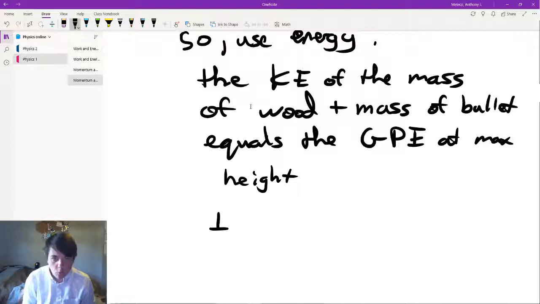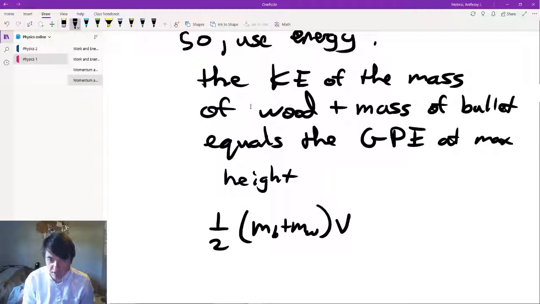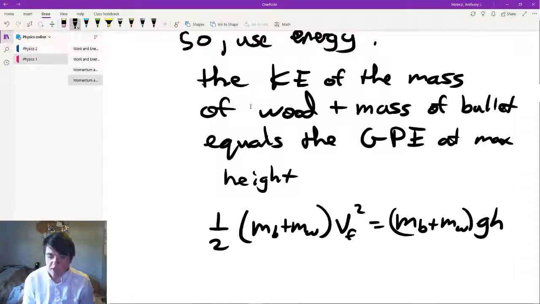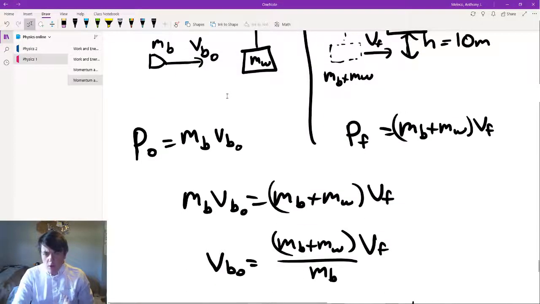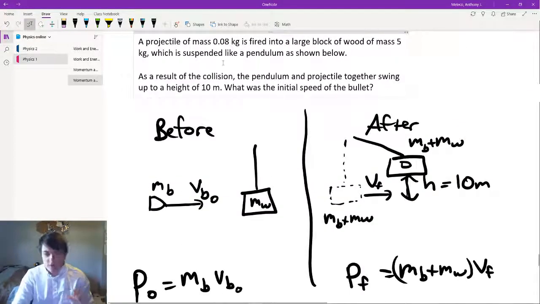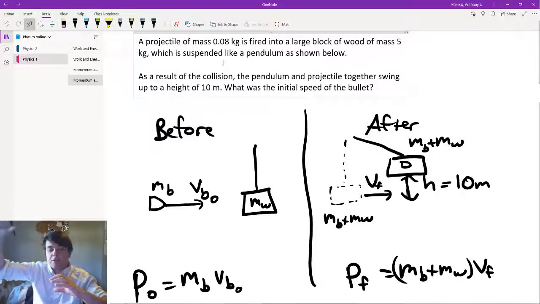So 1/2, the mass is both of them, V final squared equals MB plus MW times g h, right? Because all of it goes into it. Okay, so after the collision takes place, the bullet's fully embedded, and it's now moving at velocity v, and all of that energy goes into how high it goes.